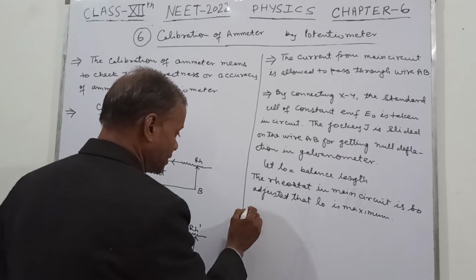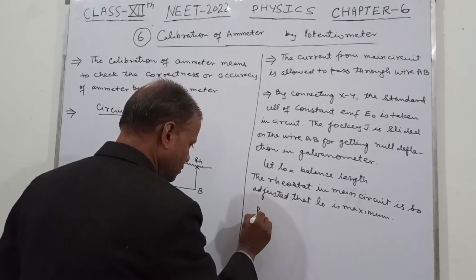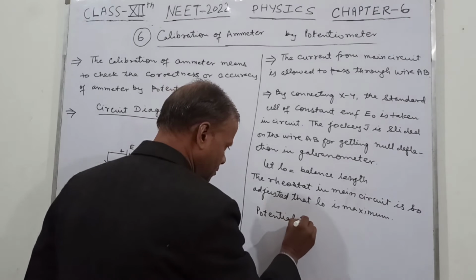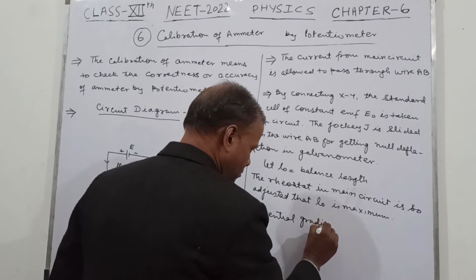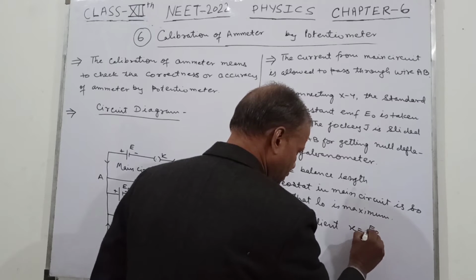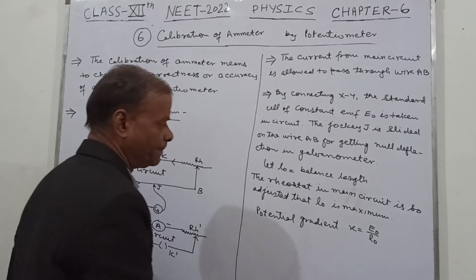So now potential gradient is how much? Potential gradient X equal to E0 upon L0.